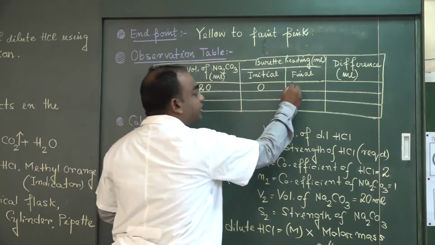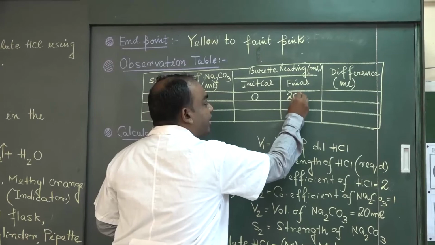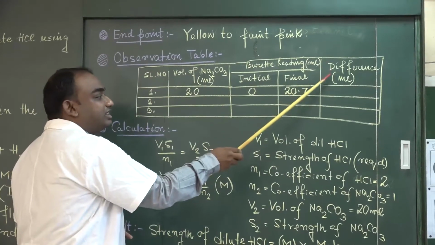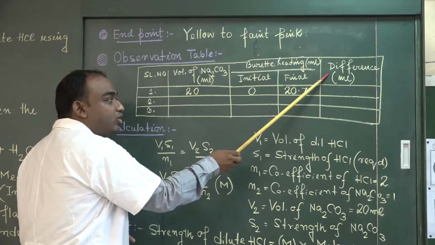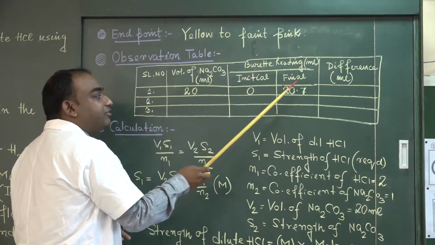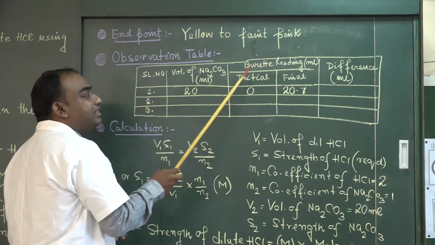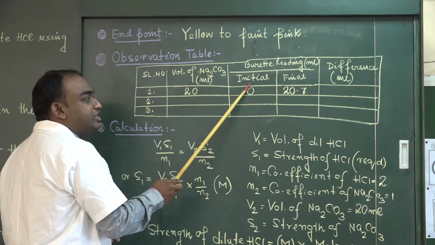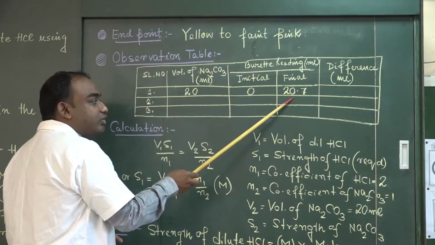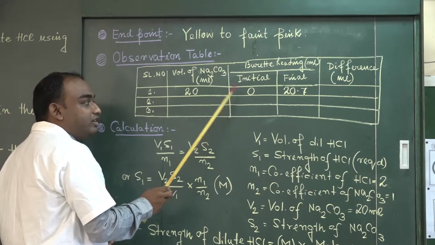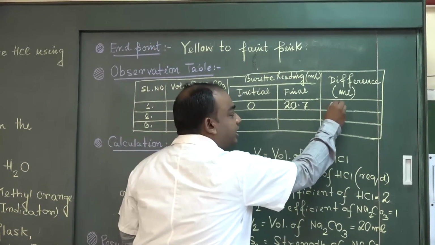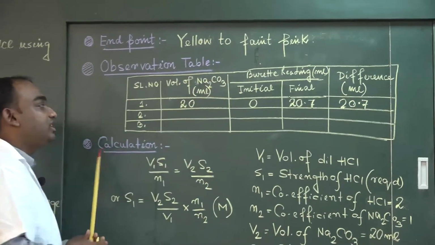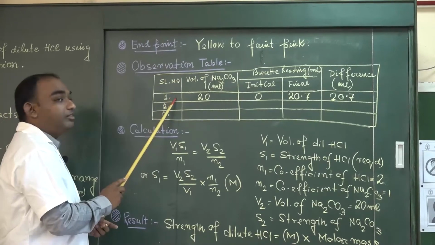So final will be 20.7. Difference always means the difference between the final reading and the initial reading. Final was 20.7, initially it was 0, so the difference will be 20.7 ml. This is the reading in our first case.